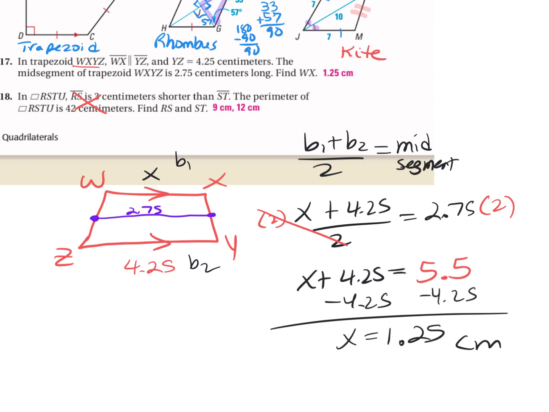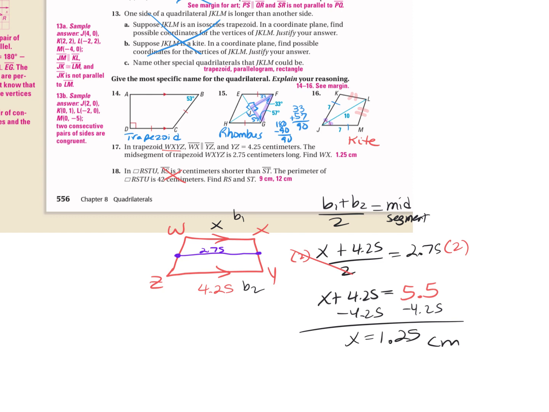And this was centimeters. So that is it for all the problems in your study guide. So again, 35 multiple choice, 10 free response, and 2 proofs. One of the proofs will be a fill-in, where I either give you the statement and you give me the reason, or I give you the reason, you give me the statement, and then the other proof, you're writing the whole thing yourself.